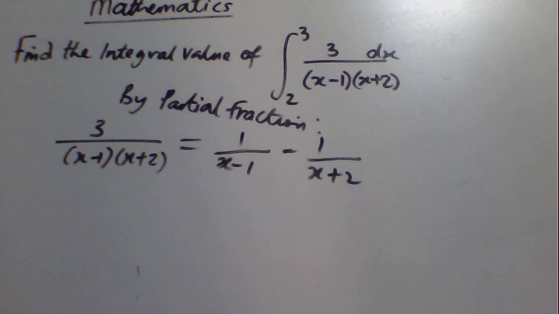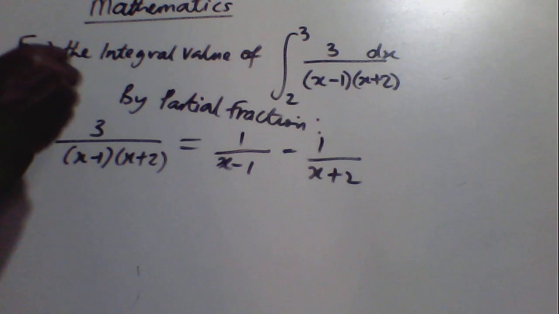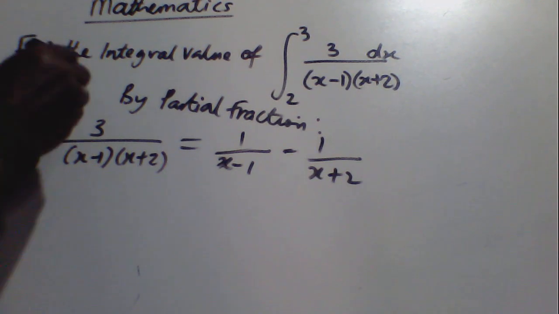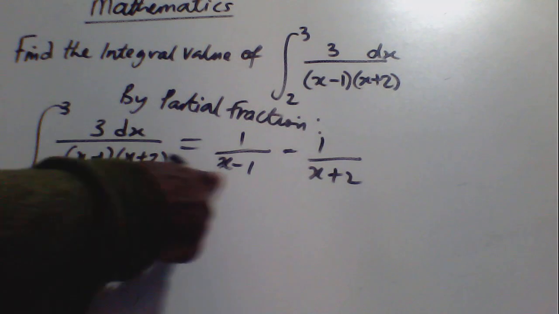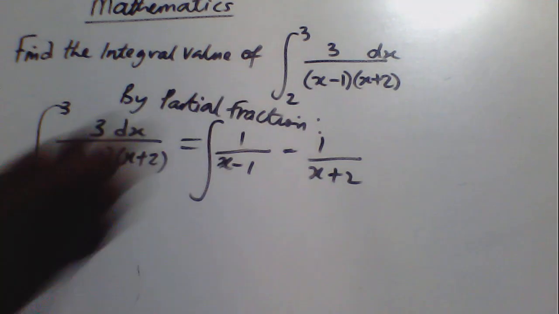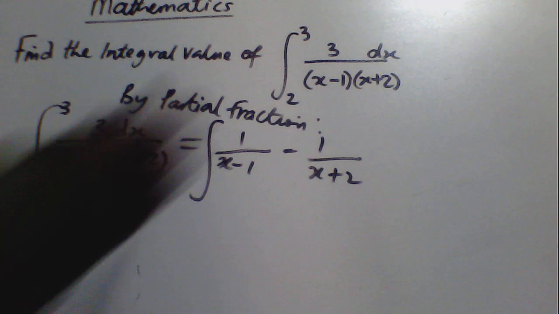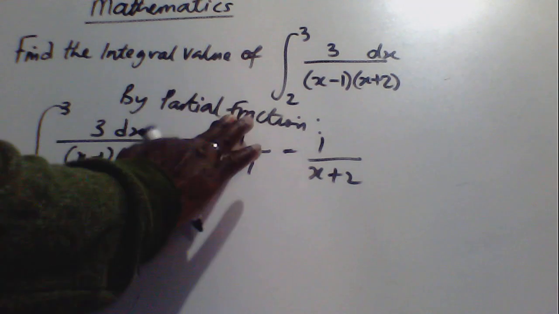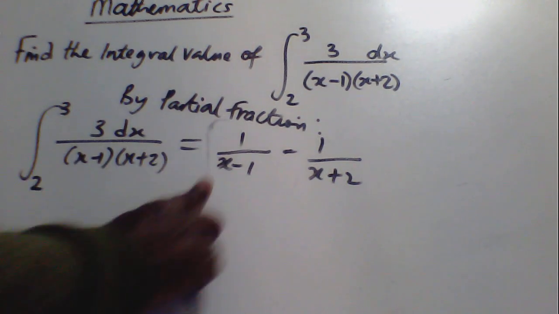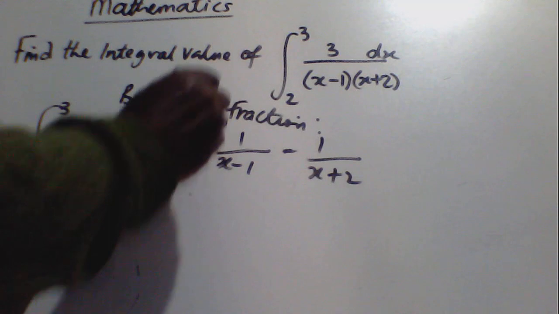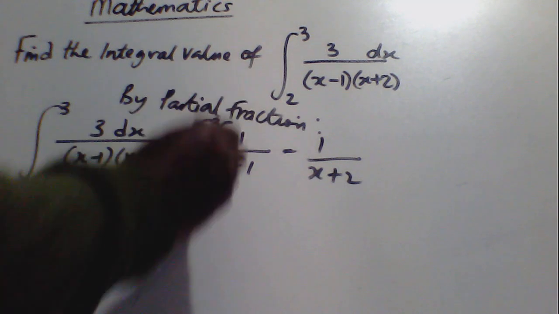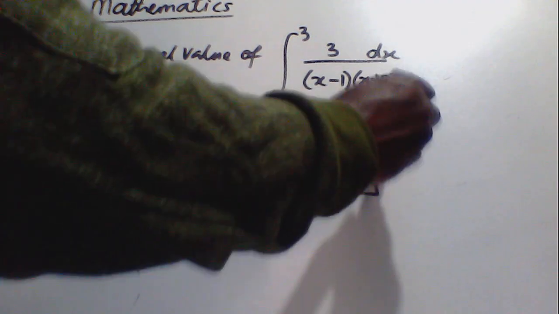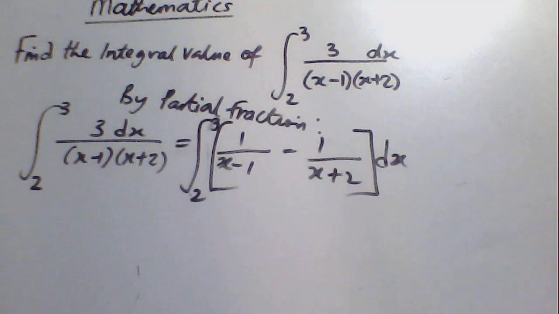So in the given integration, the integral from 2 to 3 of 3 dx over (x minus 1)(x plus 2) is equivalent to the integral from 2 to 3 of 1 over (x minus 1) minus 1 over (x plus 2) dx. It is integrating everything in the box.